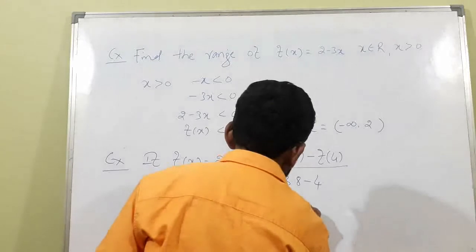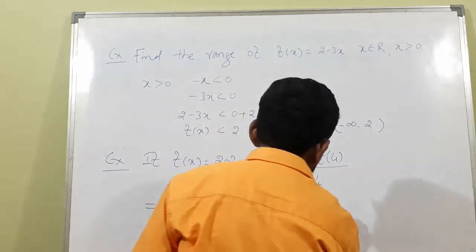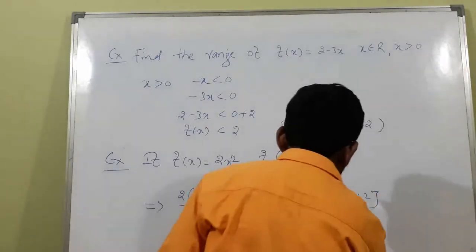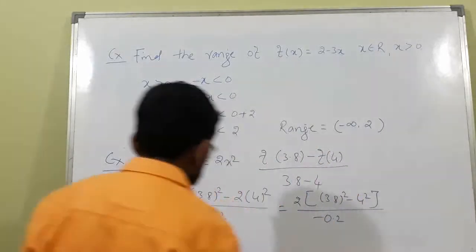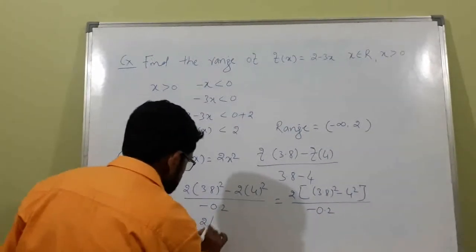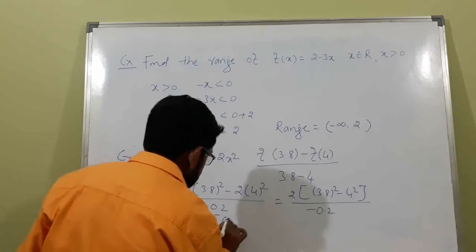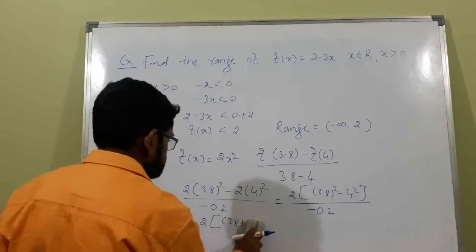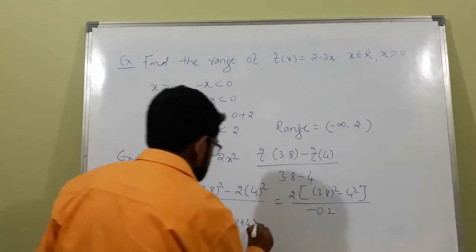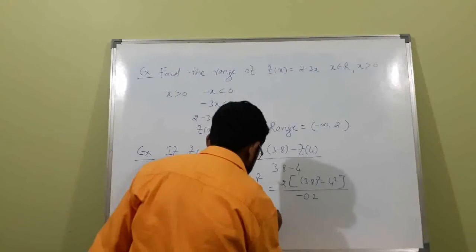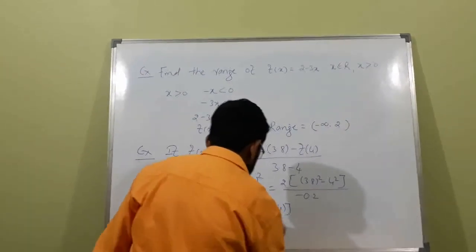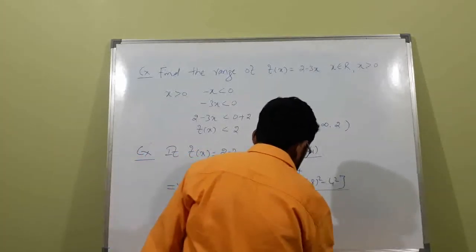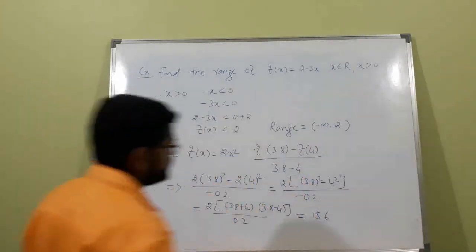If you take 2 common, it is 2 times (3.8 squared minus 4 squared) divided by minus 0.2, which is 2 into (3.8 plus 4) into (3.8 minus 4) divided by minus 0.2. If you work it out, this will be 15.6.